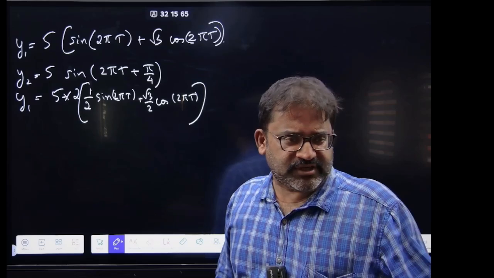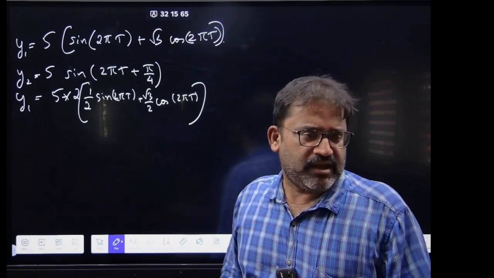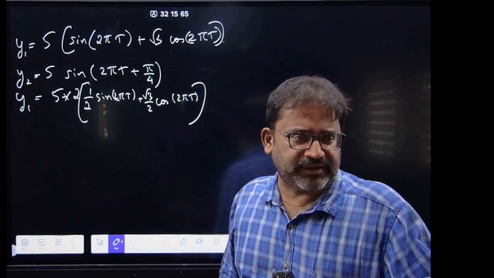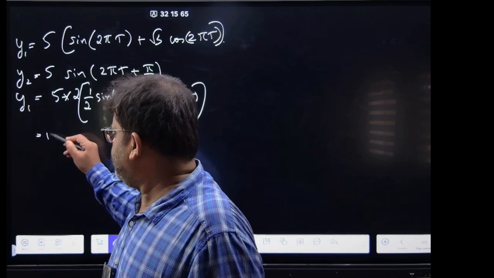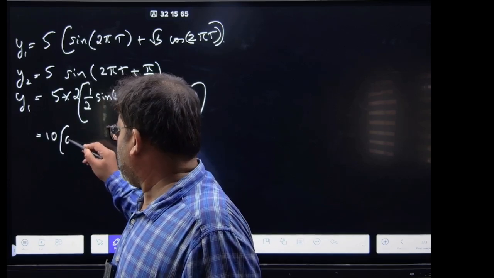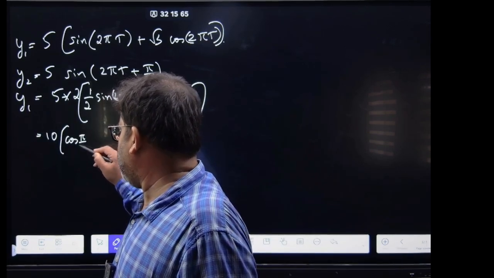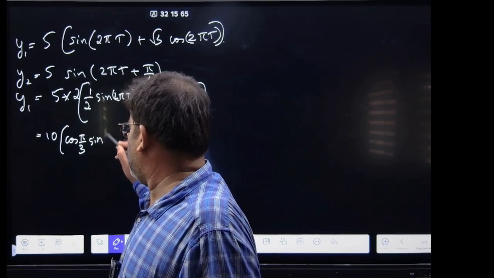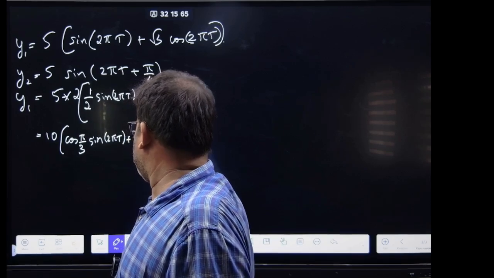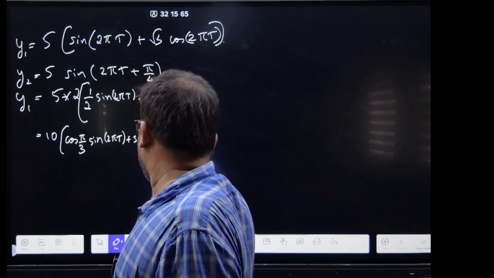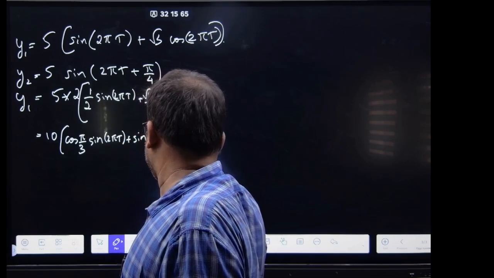Now 60 degree in terms of radian is π/3. That means I can write this as 10 in the bracket: cos π/3 sin 2πt plus sin π/3 cos 2πt.